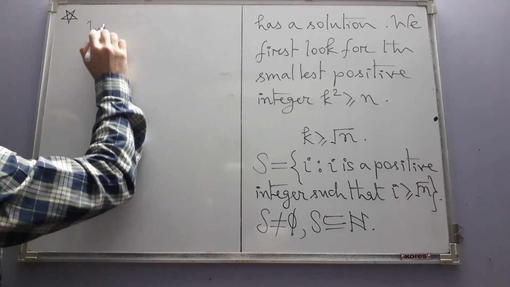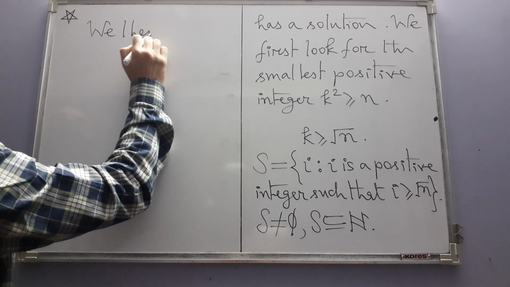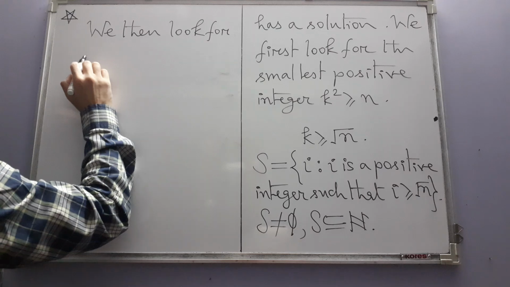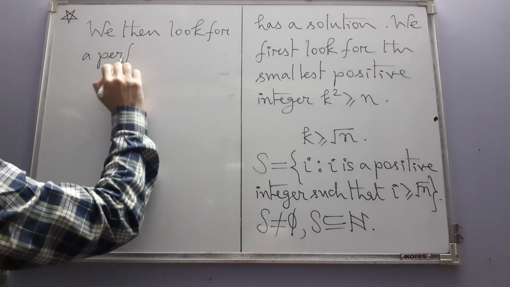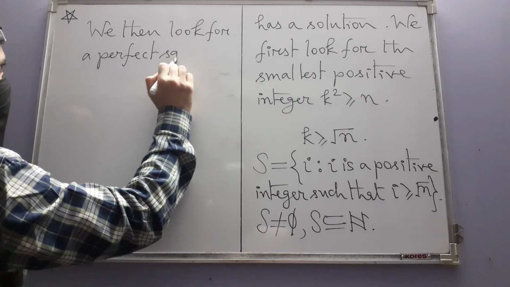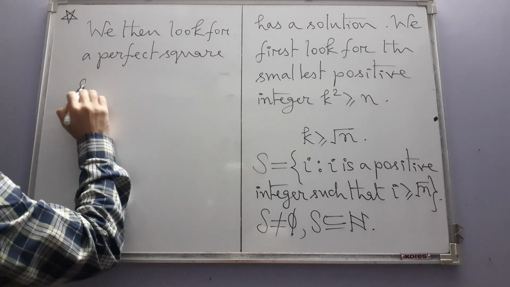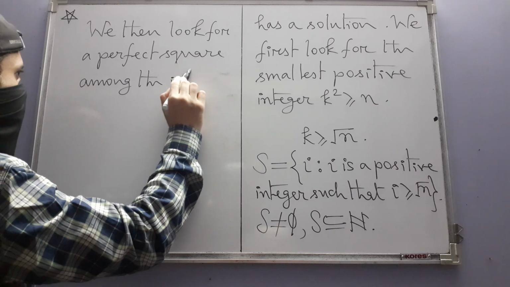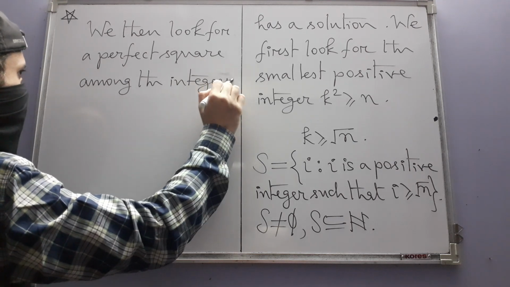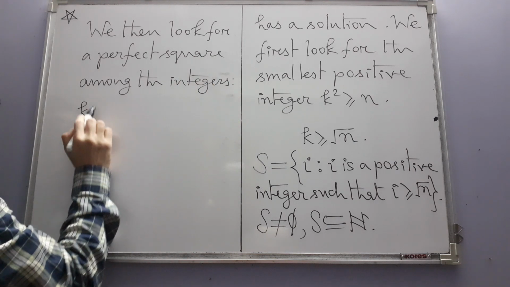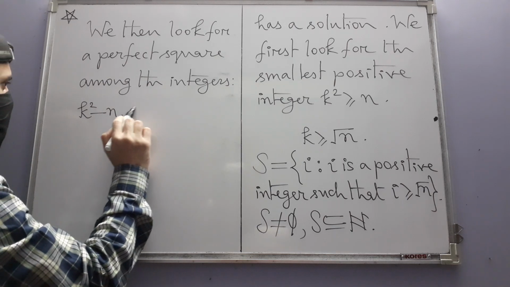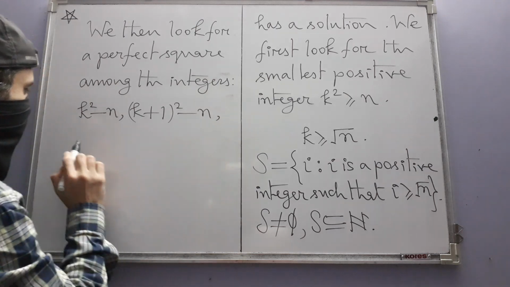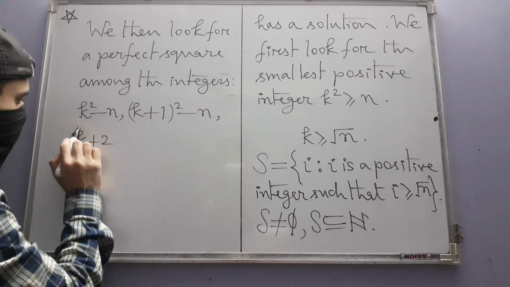We then look for a perfect square among the following integers: k square minus n, k plus 1 square minus n, and so on.